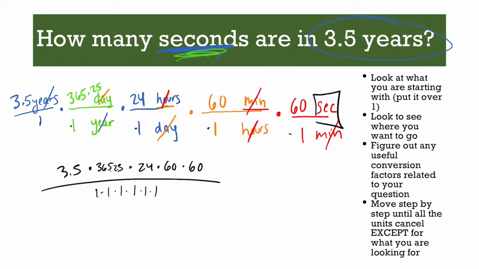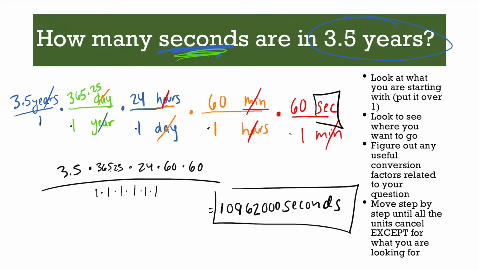And so when you do this, you get 10962000 seconds. And so that's how many seconds are in 3.5 years.